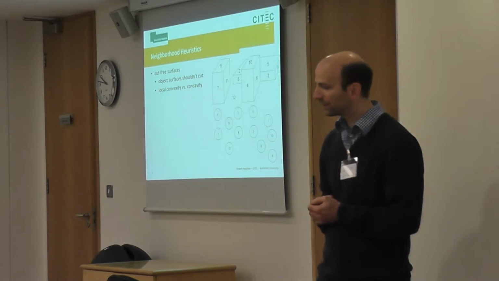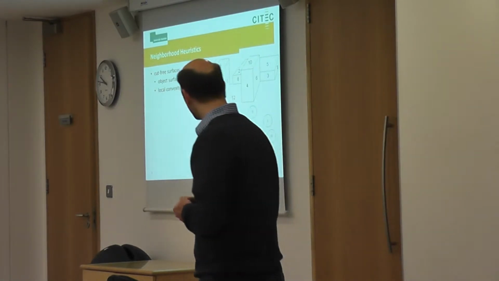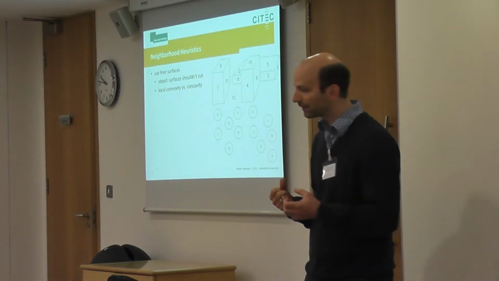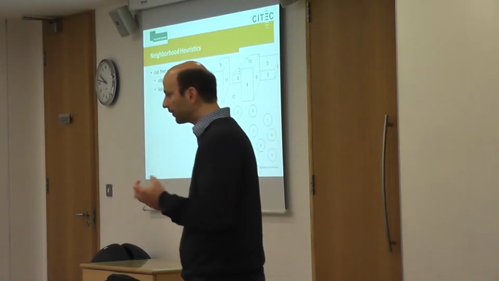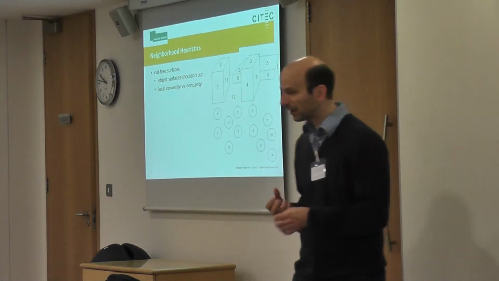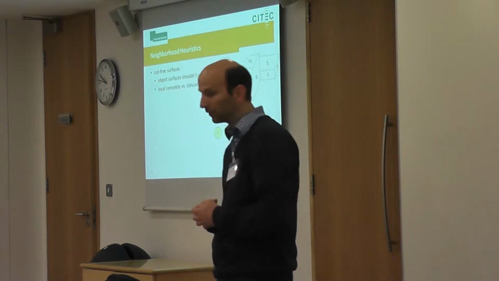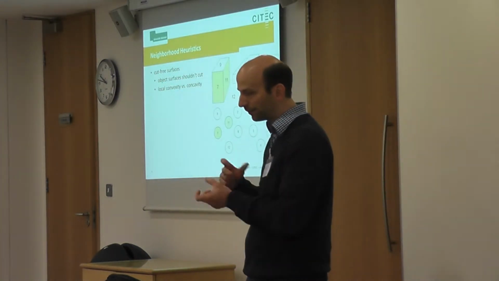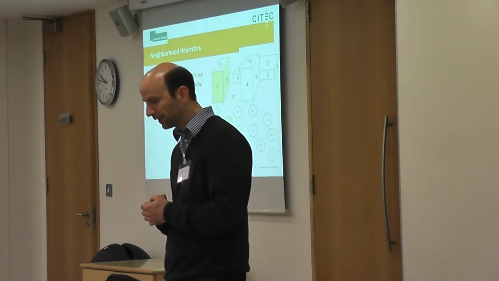To this end, we use three simple heuristic rules. The most important one is the cut-freeness of surfaces. If two surfaces belong to the same object, they shouldn't cut each other. So we consider these pairwise cut-freeness of surfaces.